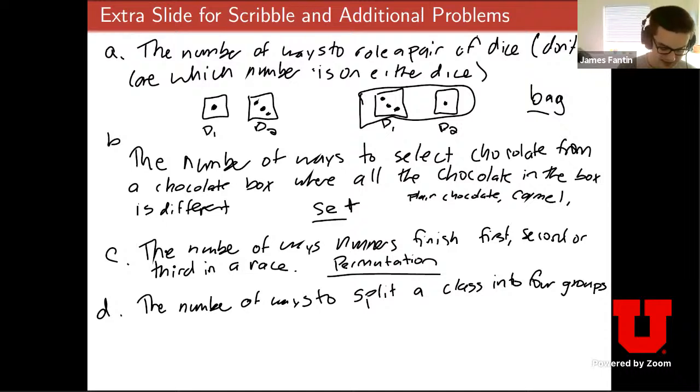Yeah, somebody put a set. So why is it a set? Well, repetition's not allowed. If we're splitting the class into 4 groups, a student can't belong to multiple groups. And there's no ordering in the groups. We just care about which students go into which groups. So that's a set.